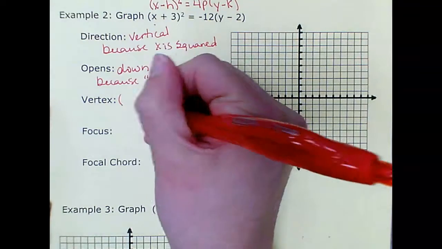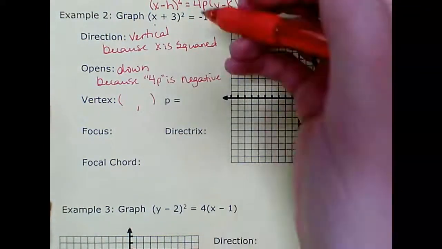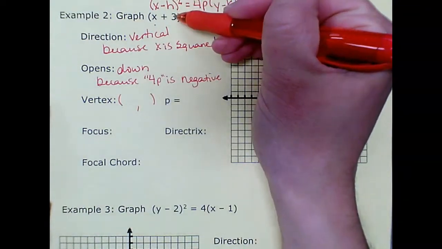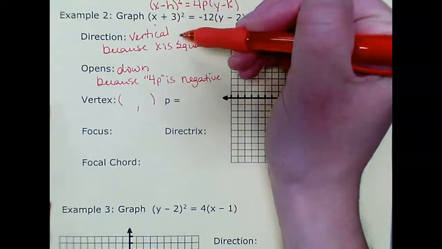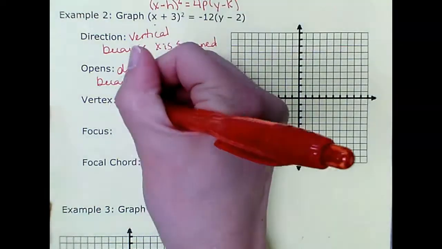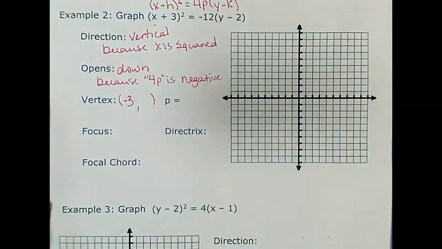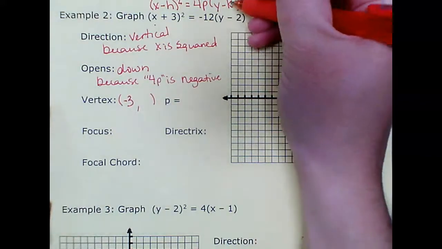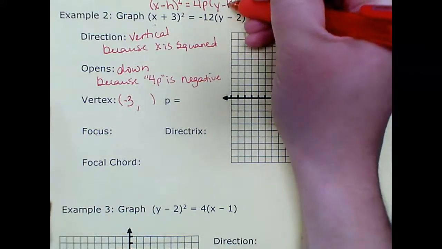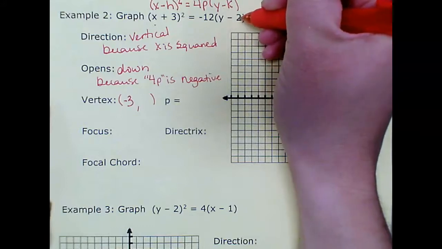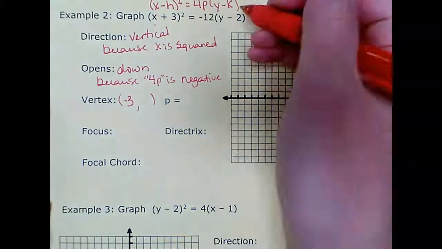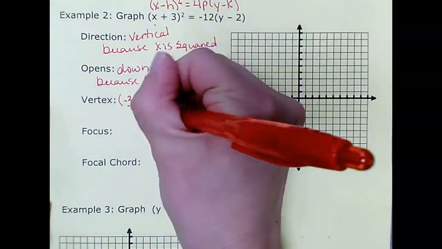My vertex is (h, k). My h is right here, but remember I have to switch signs, so instead of positive 3, it's negative 3. My k is right here, so if I subtract k, and here I'm subtracting 2, then 2 is my k value. So I kind of switch my signs.